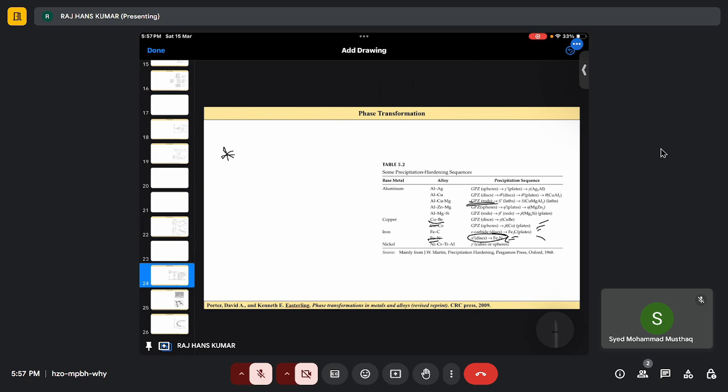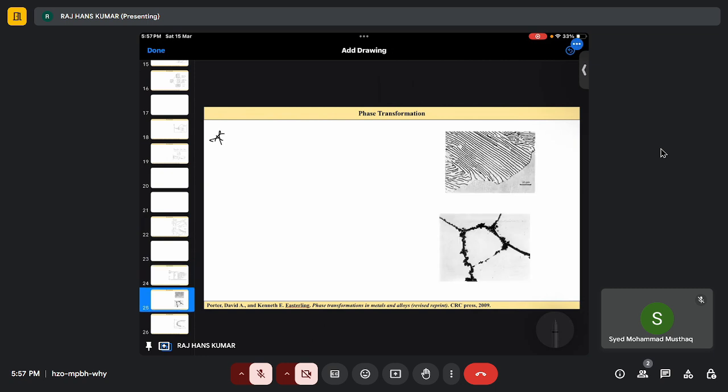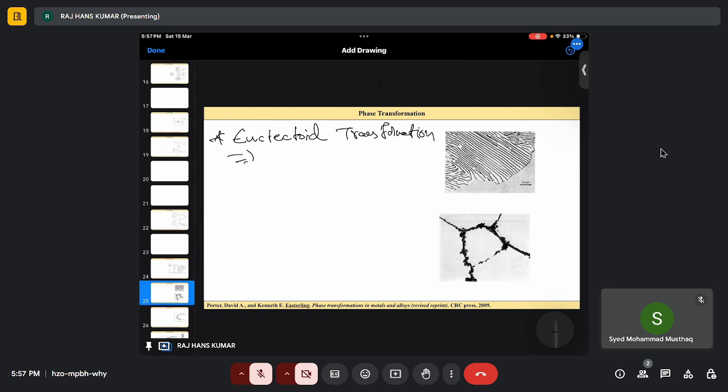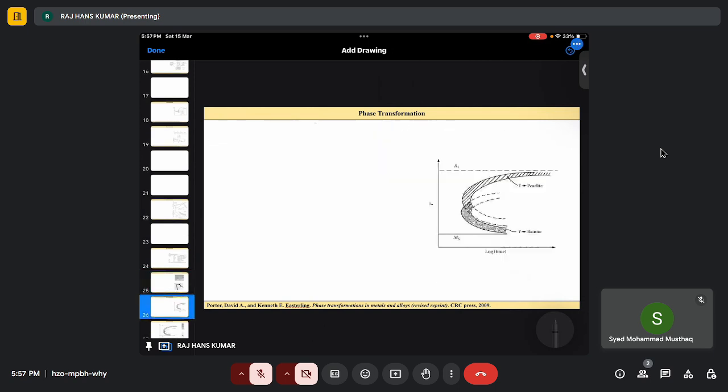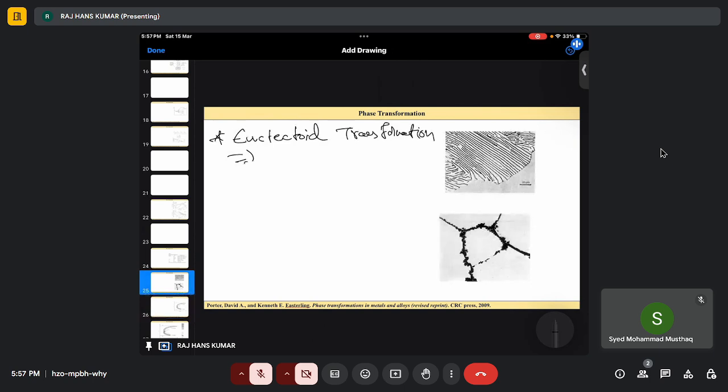Now, the next one is the eutectoid transformation. Now, how does this eutectoid transformation happen in steels? In steels, we call them steels if the composition has less than 2 weight% carbon.